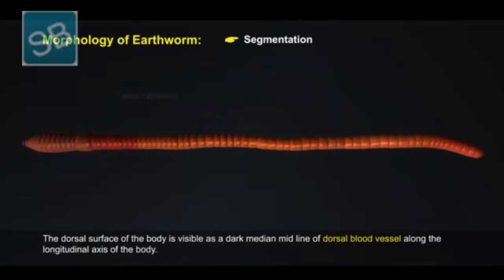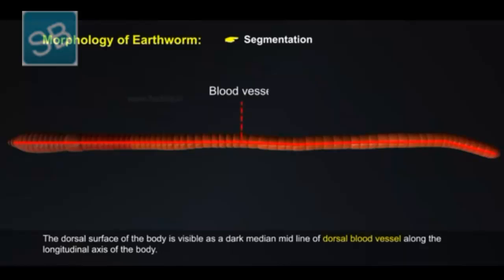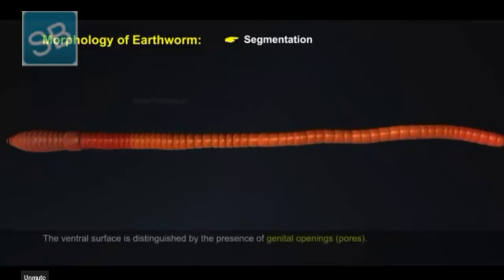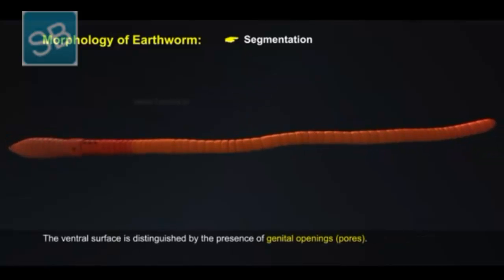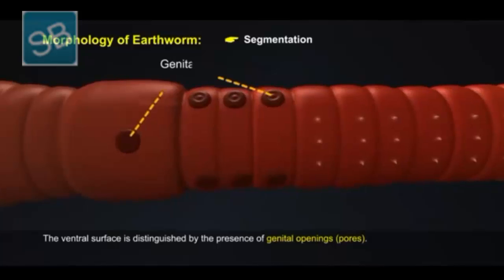The dorsal surface of the body is visible as a dark median midline of the dorsal blood vessel along the longitudinal axis of the body. The ventral surface is distinguished by the presence of genital openings or pores.